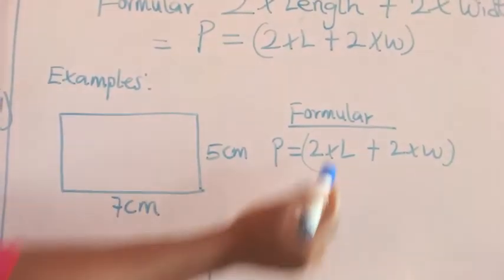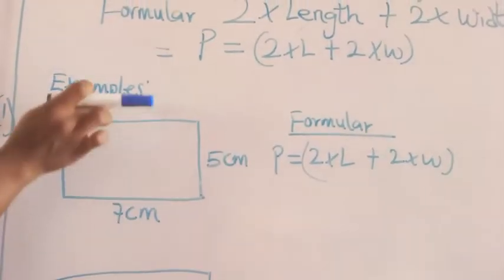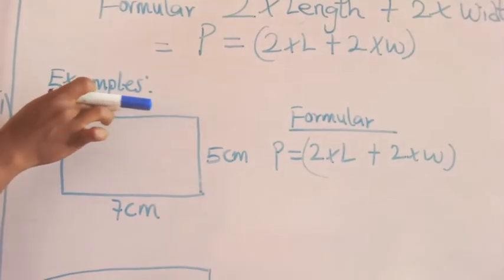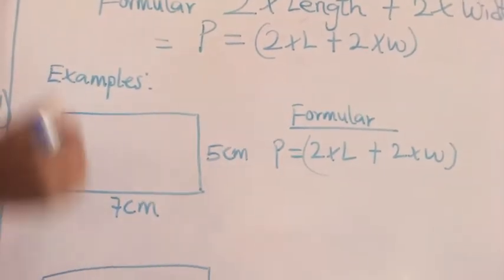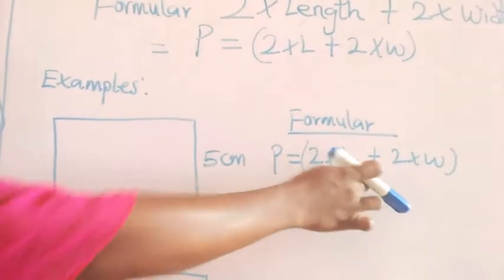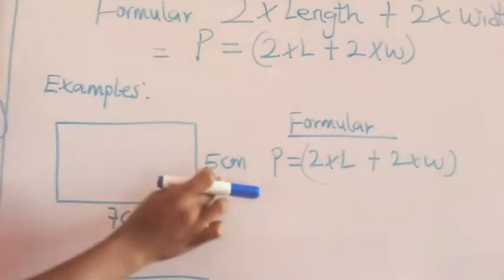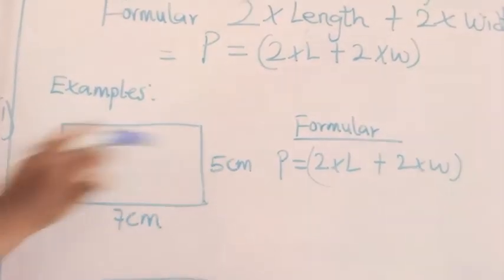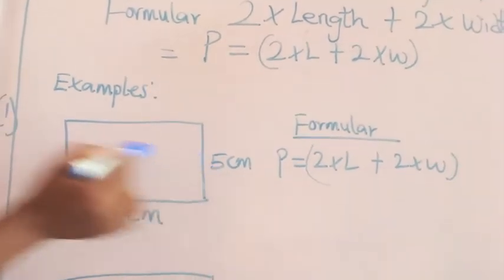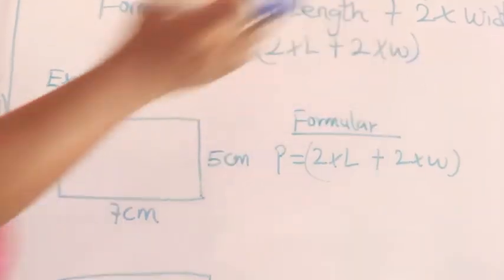If here is 7, meaning that this side too is 7, so 7 plus 7 is the same thing as 7 times 2. That is why they say 2 times length plus the distance of this one and this. Here is 5. The two opposite sides are equal. So this plus this is the same thing as 2 times this. That is how we get the formula.